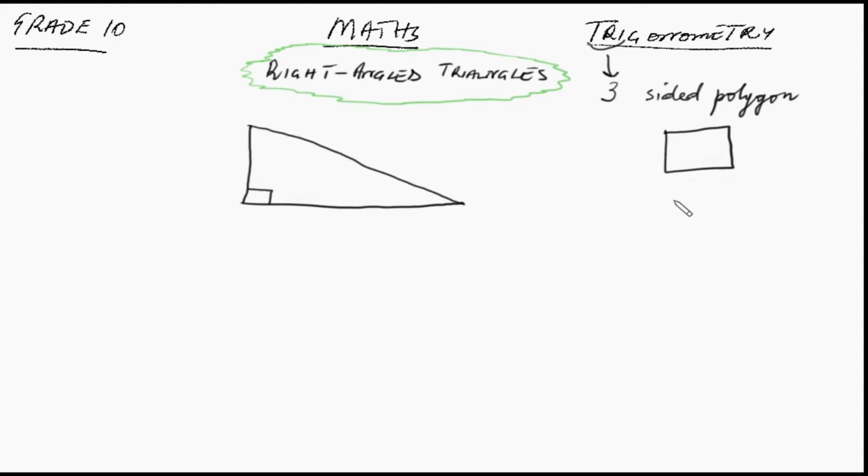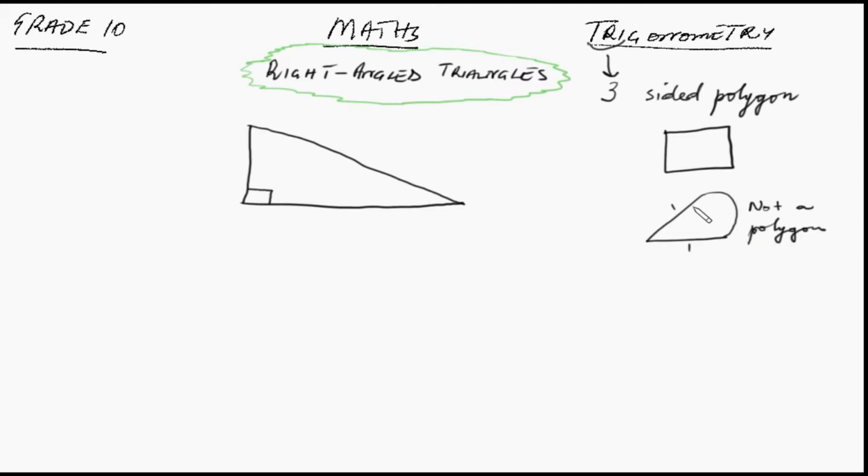Now let's look at a shape like this one. This shape is closed, but these two sides are straight, and this side is not straight, it's curved, so it's not a polygon.